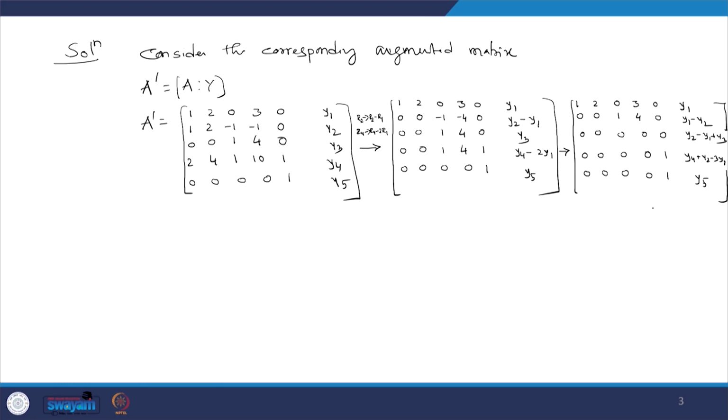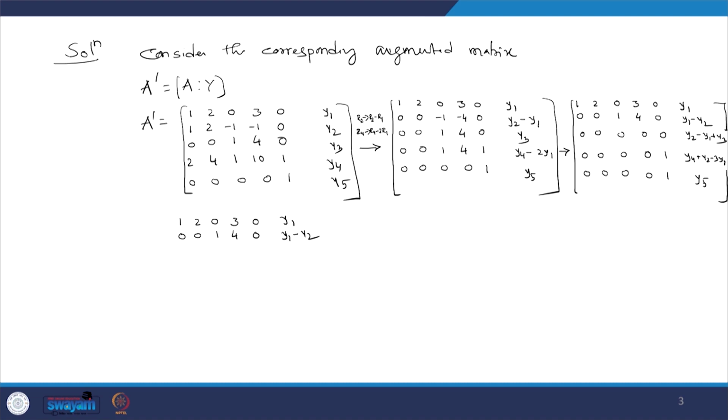So, what will I do? Again I have to do the next step. For that I am getting again 1, 2, 0, 3, 0, y1 and 0, 0, 1, 4, 0, y1 minus y2, and I will interchange the fifth row and the third row.